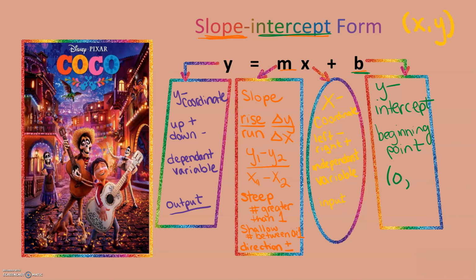And our y value would be whatever that b number is. That b number tells us if we start above the x-axis on the y-axis for the intercept, or below. It would be on the upper part of the y-axis if it's positive, and it would be on the lower part of the y-axis if it's negative.